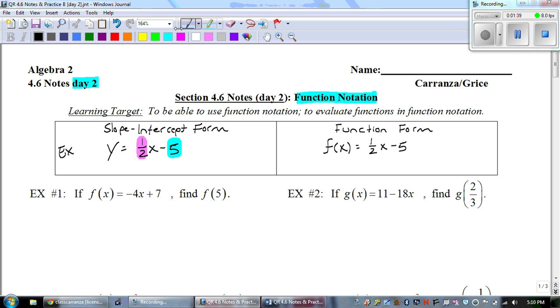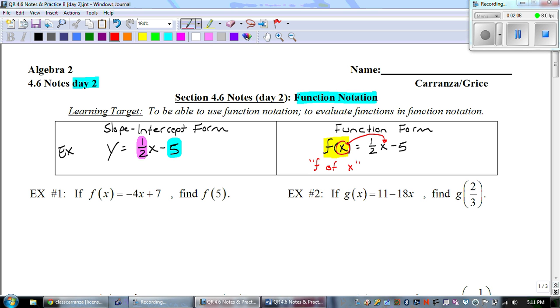This new part up front, the f and the x, that's saying f of x. It's saying that this is a function. And then they're going to tell us what x is, and then we plug it in to get an answer. So this is a new way of looking at older equations.